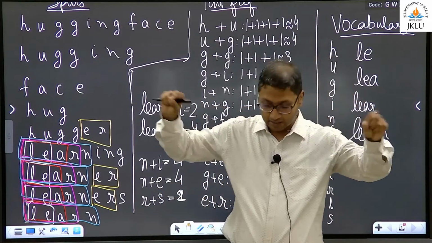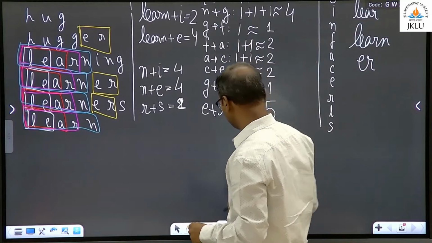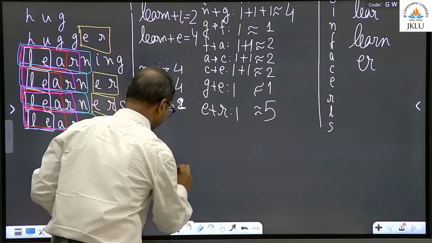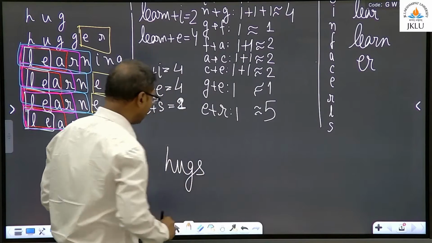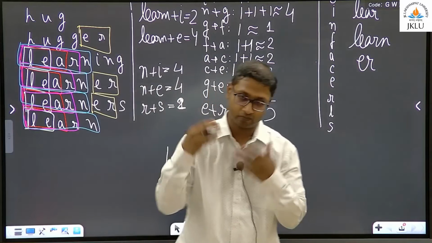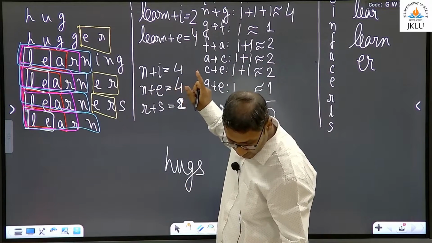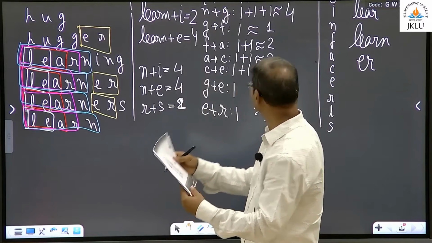If you have a sentence now, let's say, just this one word, how will you tokenize this? So finally we have done just until ER.